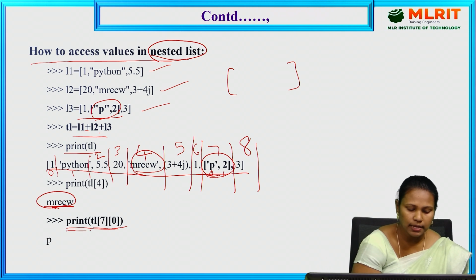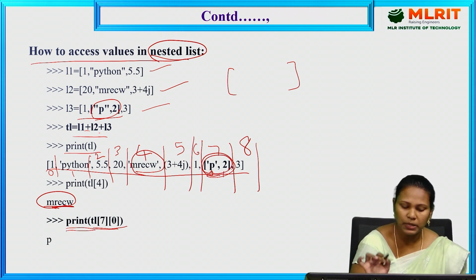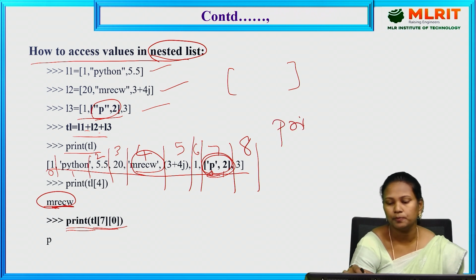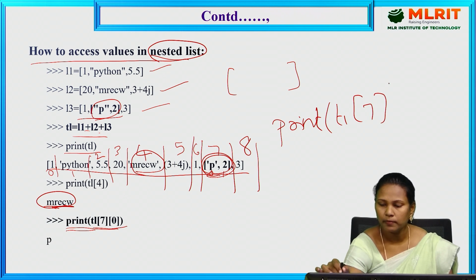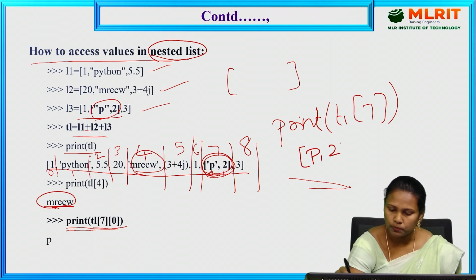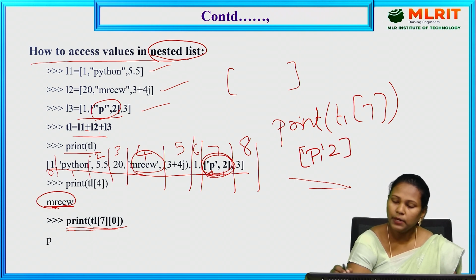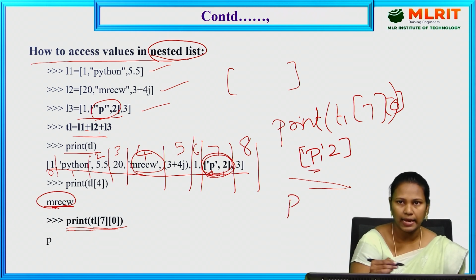T1 of 7 prints P comma 2. But if you ask for 7 of 0, it prints the starting value, that is P. In this way we are accessing the nested elements in the list.